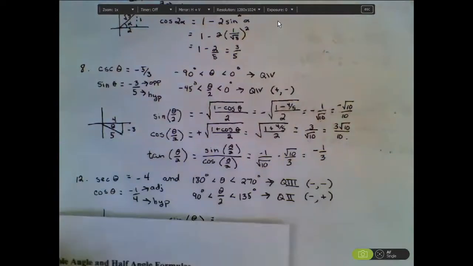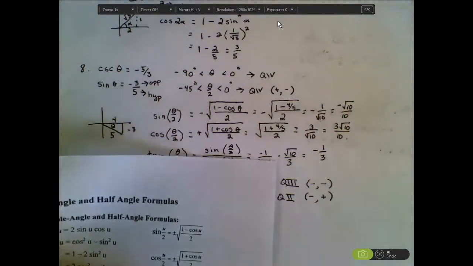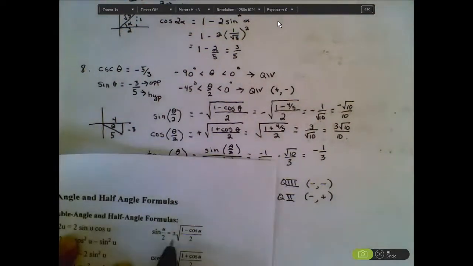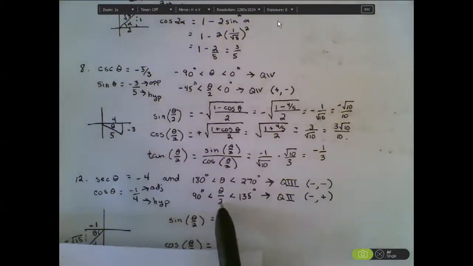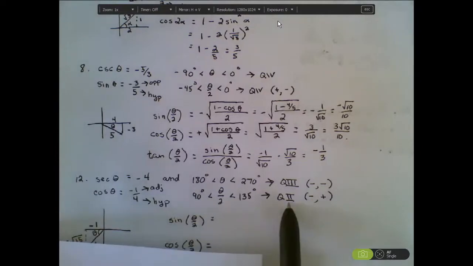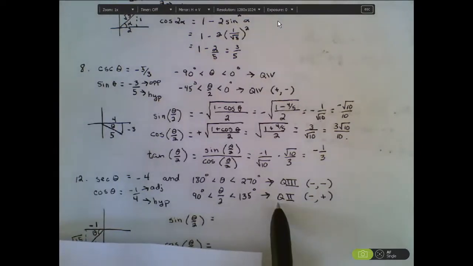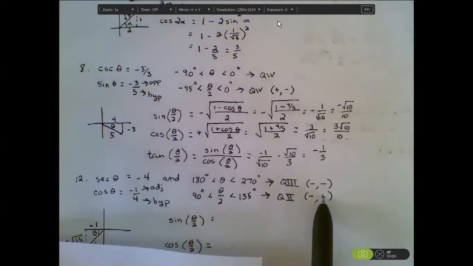For sine of theta over 2, or sine of u over 2, am I going to use the positive or negative square root? We determined that theta over 2 is in the second quadrant, and in the second quadrant, our y's are positive.